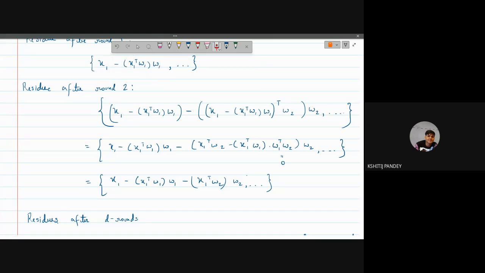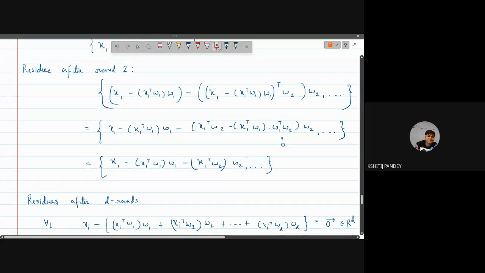So this is nothing but x minus x transpose w2 w2. This is your error now. If you simplify it, it is nothing but simplification; you can take a look at this. An important thing is that w1 transpose w2 will be equal to 0 because they are perpendicular.